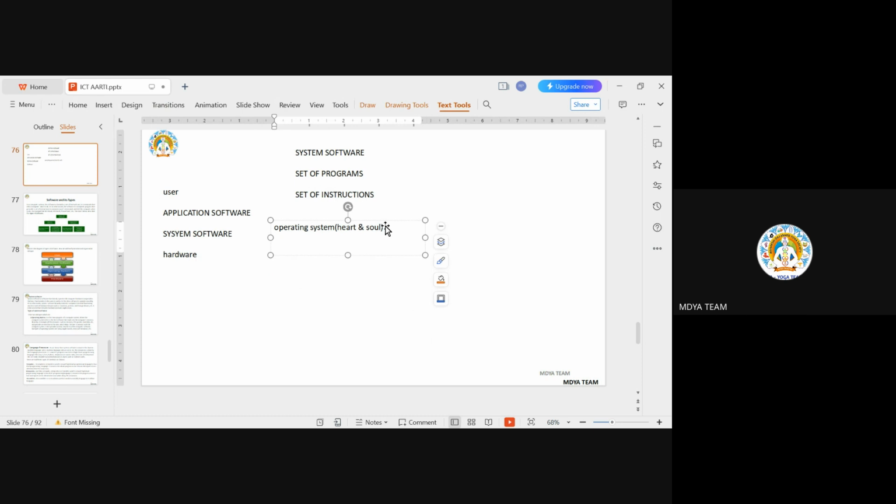In the operating system, you can take the example of Narendra Modi. For example, I am studying in the country of India. This is my country.